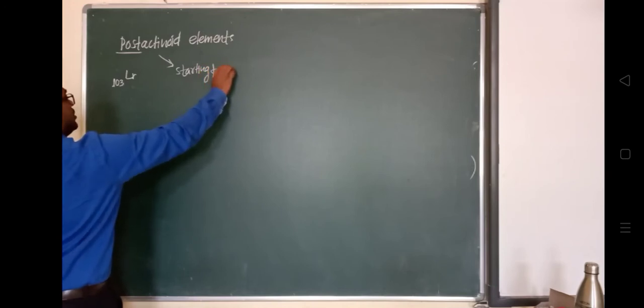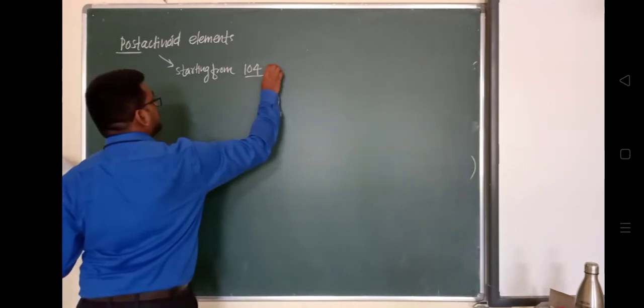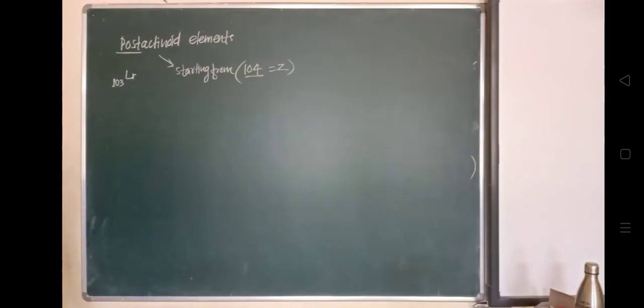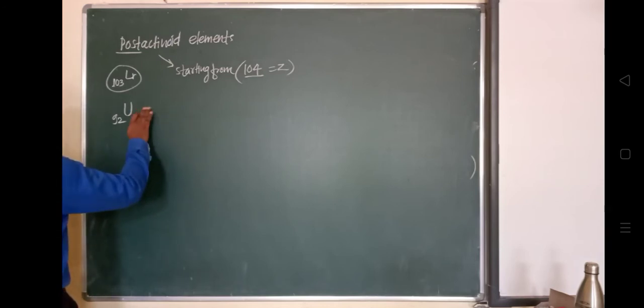And after 92, the elements in the actinoids after uranium are called trans-uranium elements. Uranium is an actinoid series element whose atomic number is 92, so the elements after uranium are called trans-uranium elements.